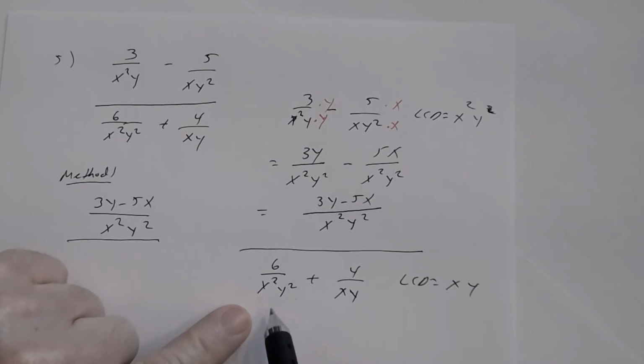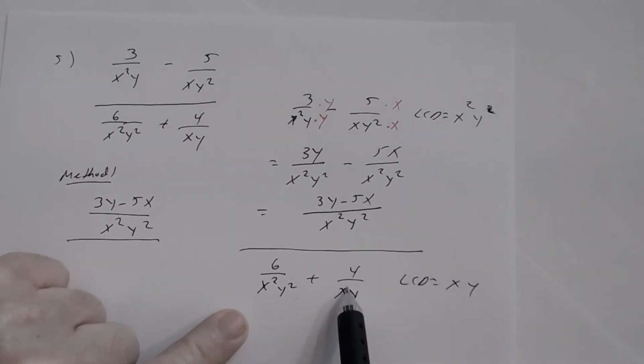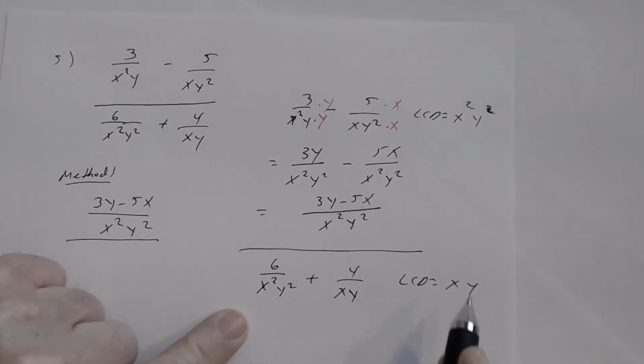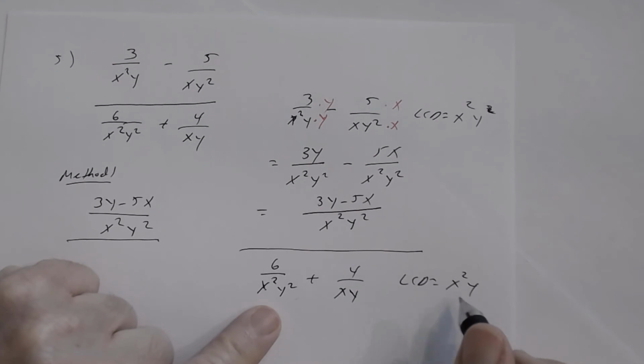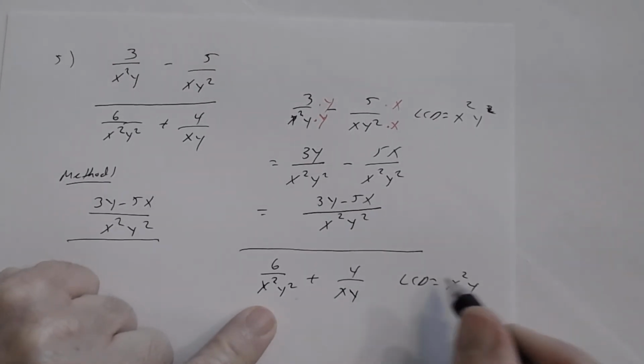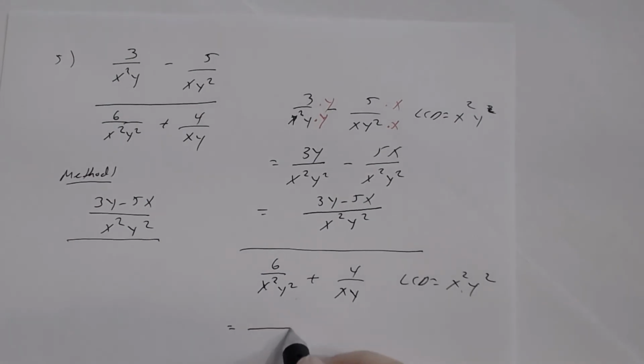The question is, how many do I need? I have 2 factors of x here, 1 factor of x here because that's x to the first. So I just need 2. You got to use the maximum amount that you see. For the factors of y, I have 2 here, 1 here, so I need 2. So there's your LCD. So now you're going to write 2 fractions with that denominator, x squared, y squared.